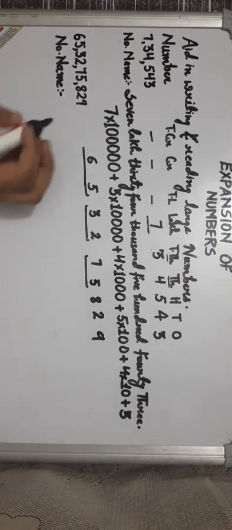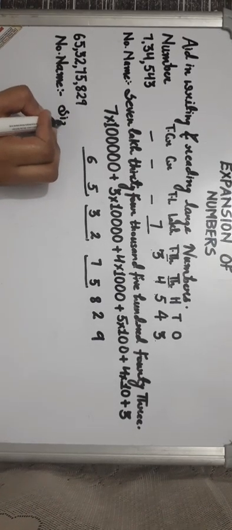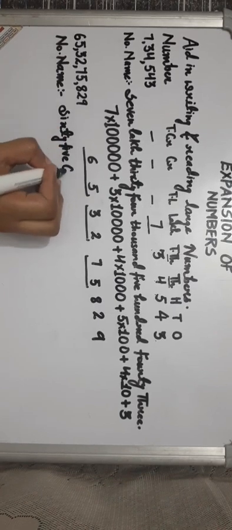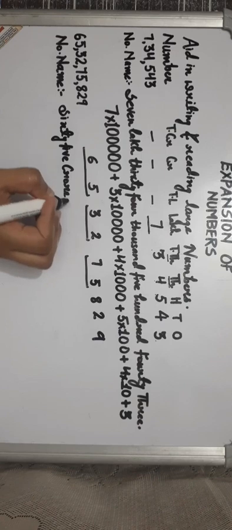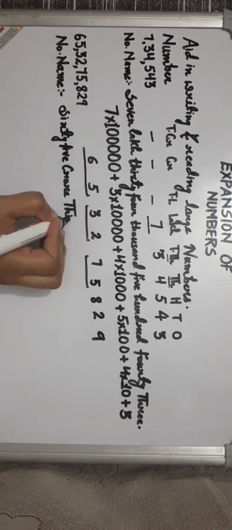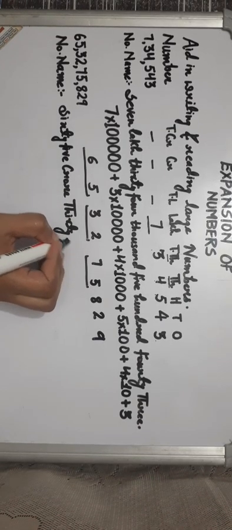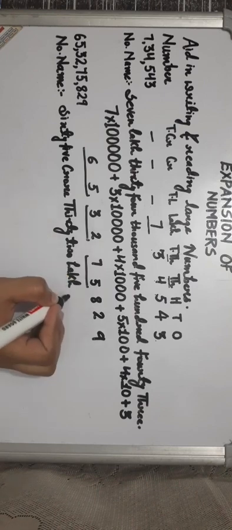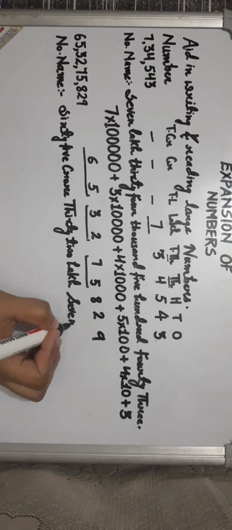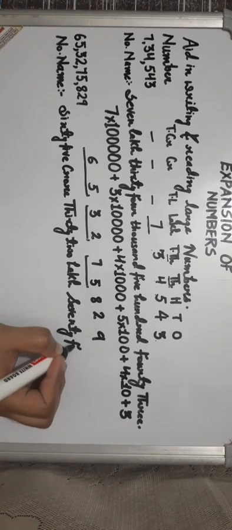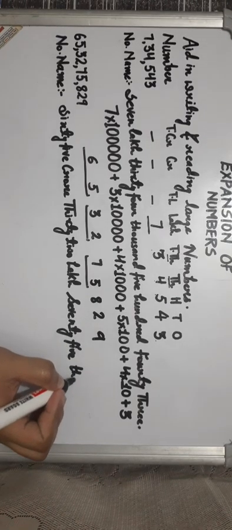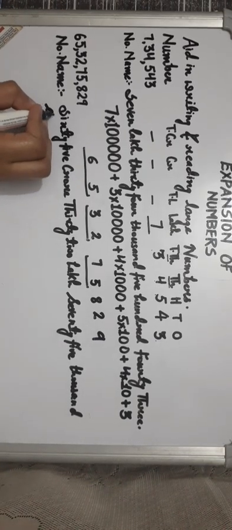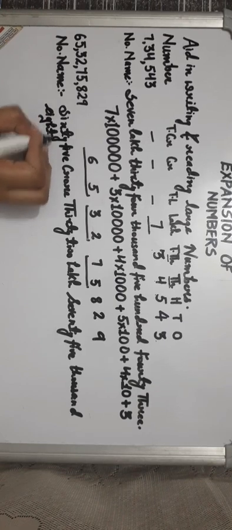Now write it. 65 crore, 32 lakh, 75,000, 829.